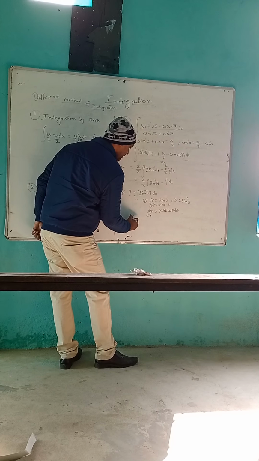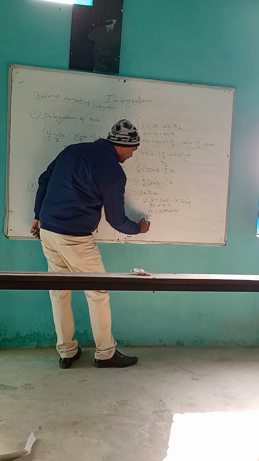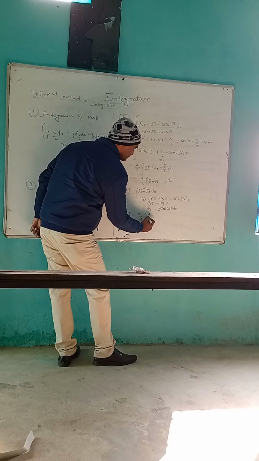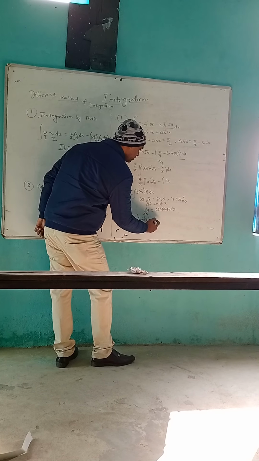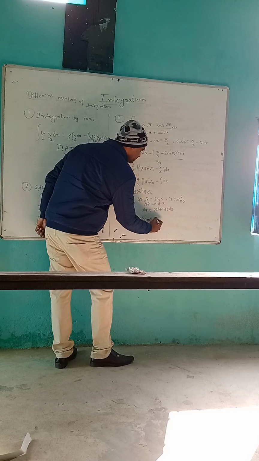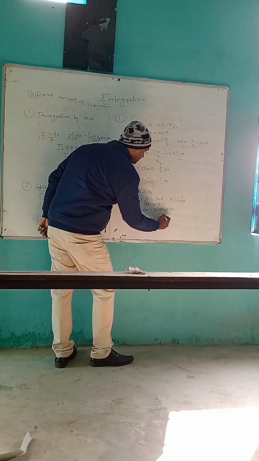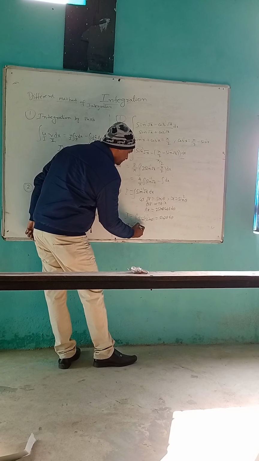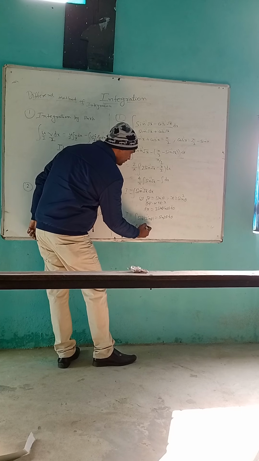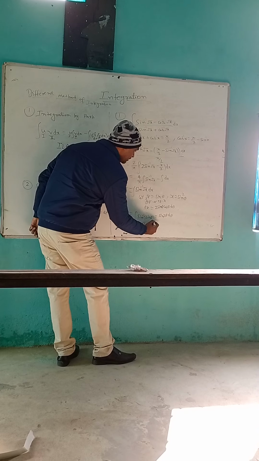So we can write I equal to the integral of sin inverse root x, which is theta, and dx equal to sin 2 theta d theta. So we can write I equal to the integral of theta sin 2 theta d theta.